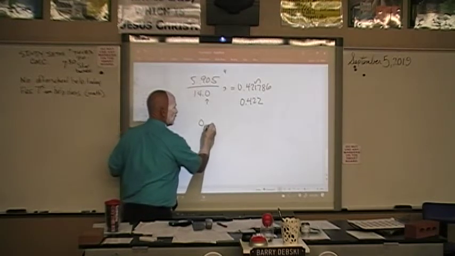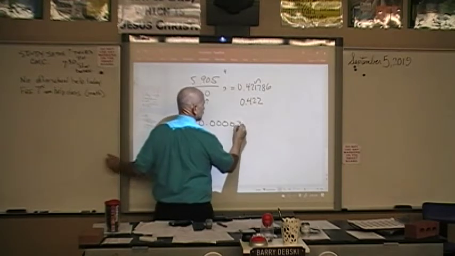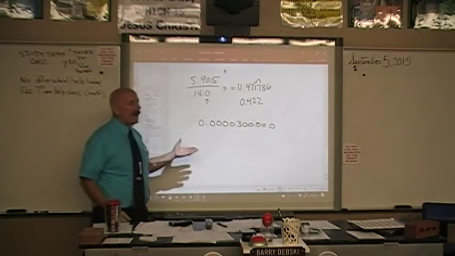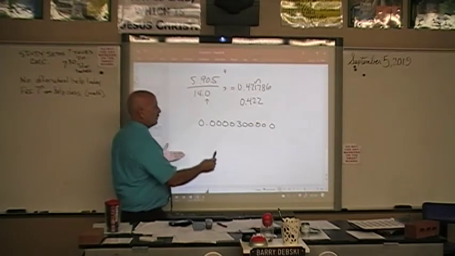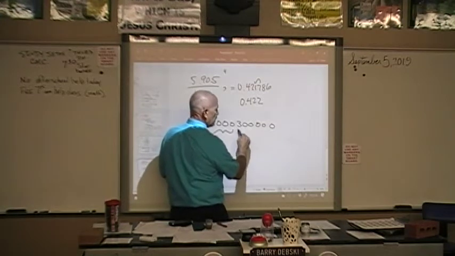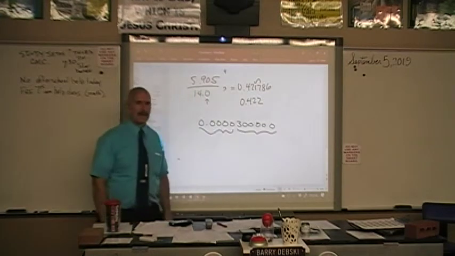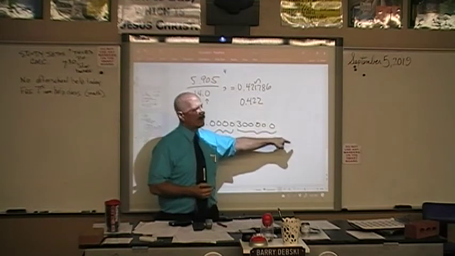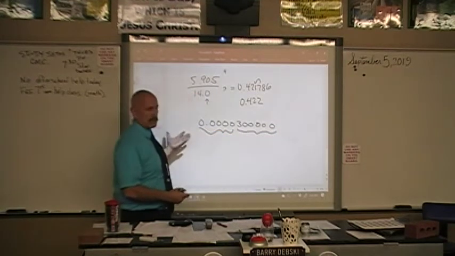Remember, if I have this number, this is a crazy number, right? So these numbers are placeholders, and these numbers are all significant. And you need to know that, okay? Trailing zeros to the right of a decimal are important, leading zeros are not. Why?